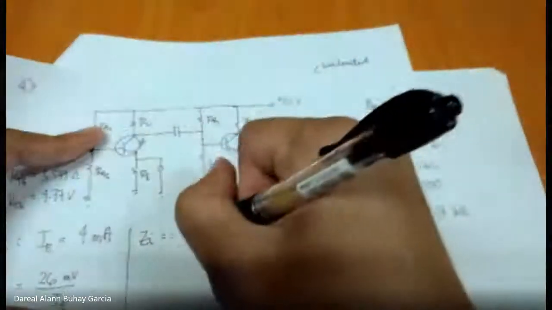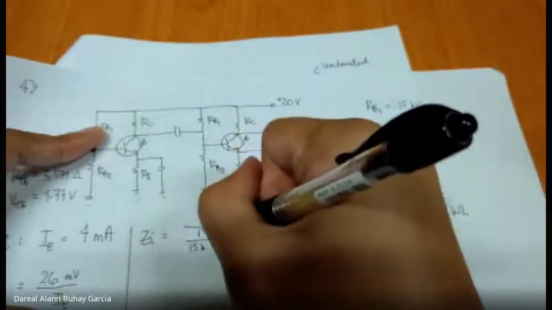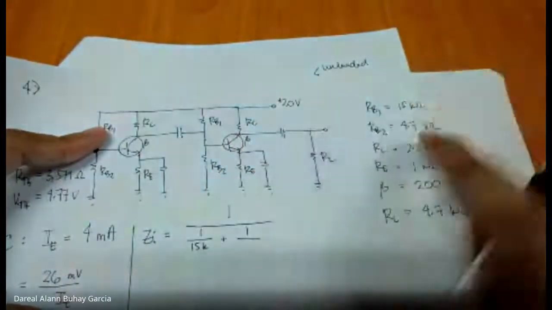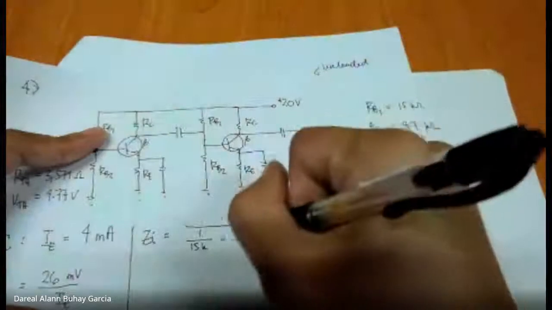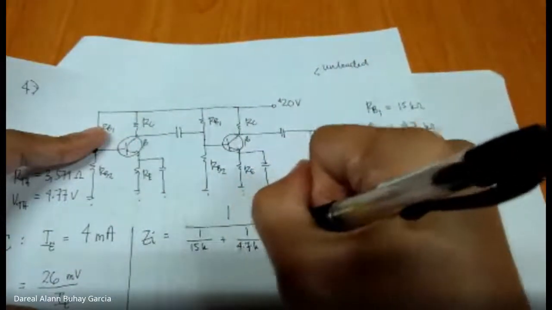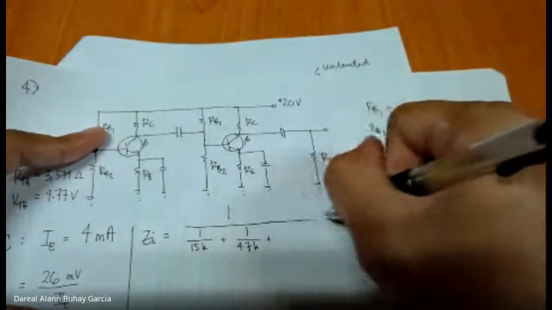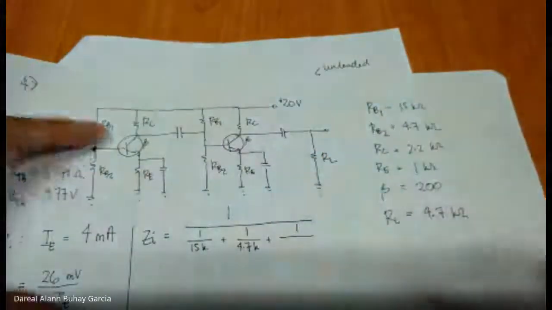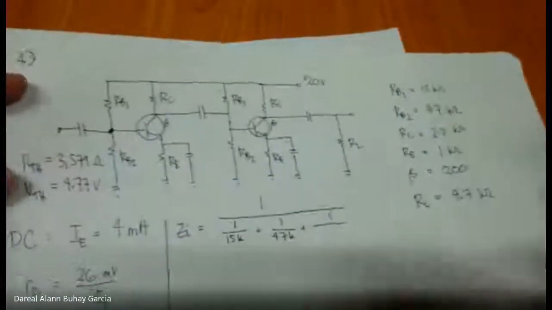R1 15K, R2 4.7K, R3 beta RE 200 times 6.5.